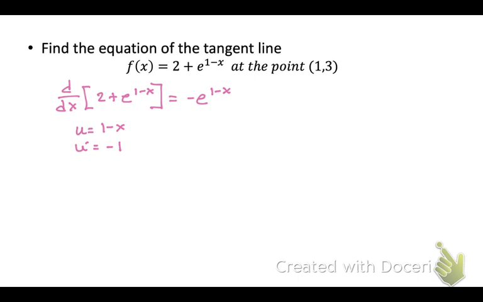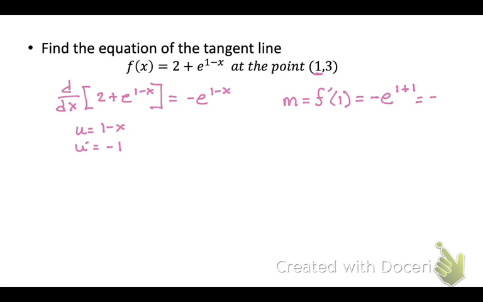Yep. Okay, so now I need to find the slope. So the slope is f prime at 1. So negative e to the 1 minus -1.